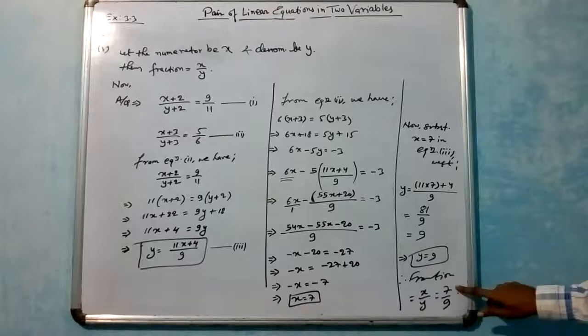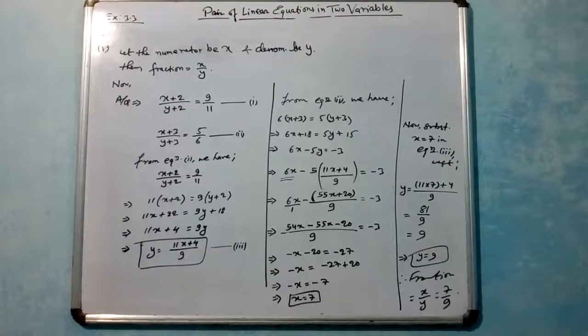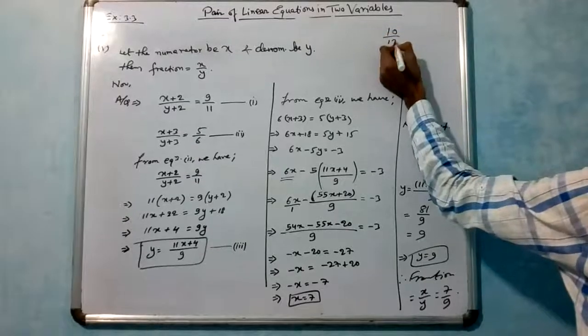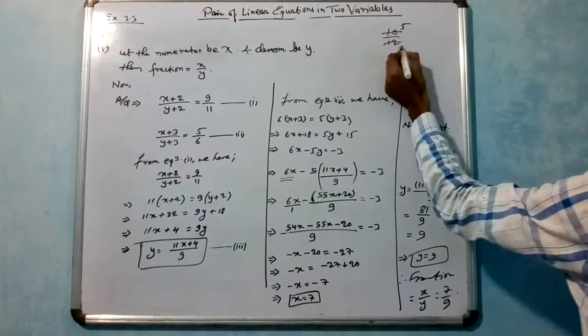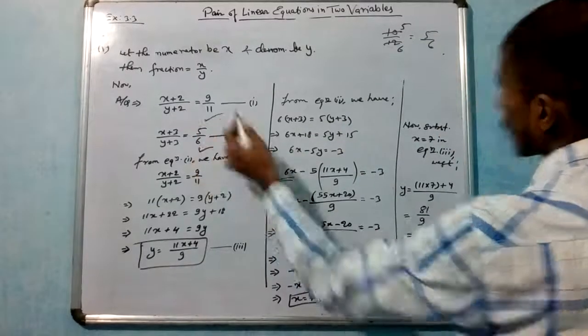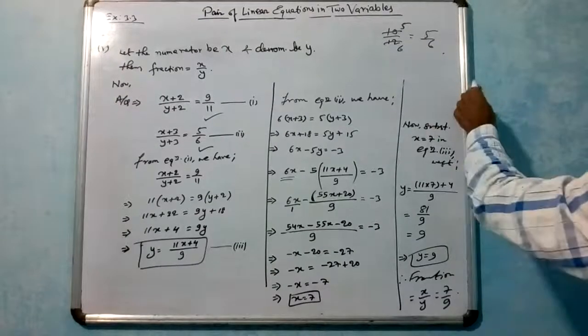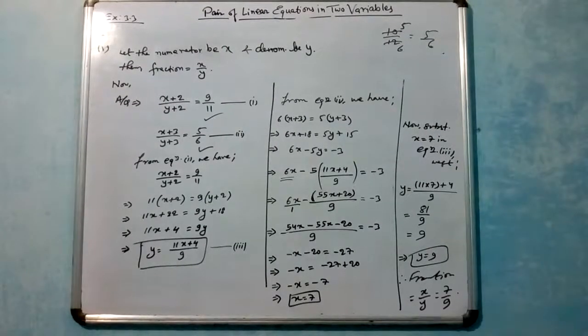And while adding 3 to both, 7 plus 3, 10. 9 plus 3, 12. 10 by 12, 2 5 are 10, 2 6 are 12. So 5 by 6. Correct? Or not? So we got this one. Understood? Fifth one, okay?